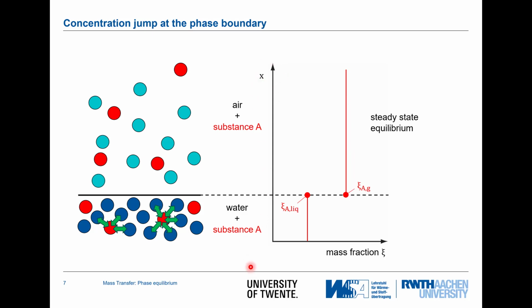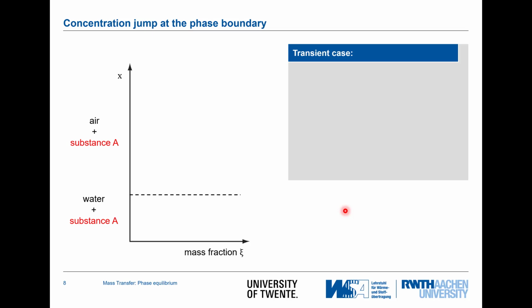Now if you go to unsteady things, we will see that this jump in concentration that we observe, which is a major difference compared to what we have in heat transfer, will be kept, but other things change here.